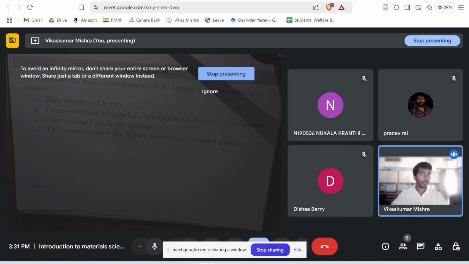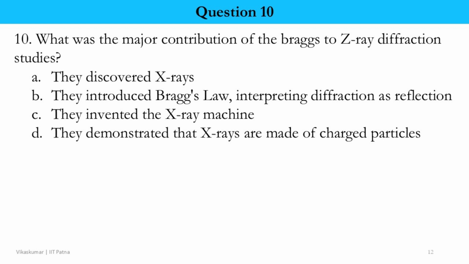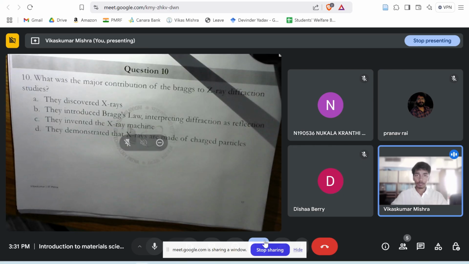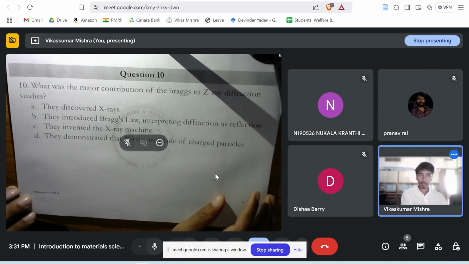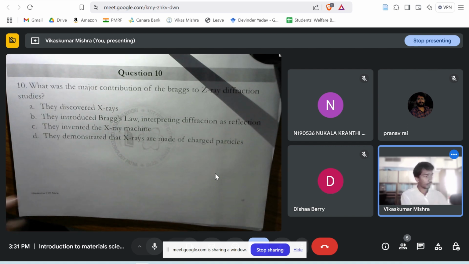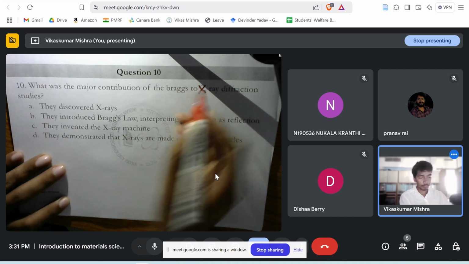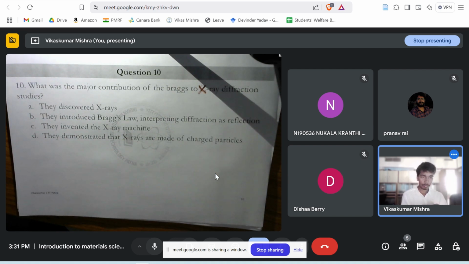Yeah, it's visible. This is X-ray. There was some issue on my side with my PC. I don't know how it suddenly got disconnected. It turned off everything.